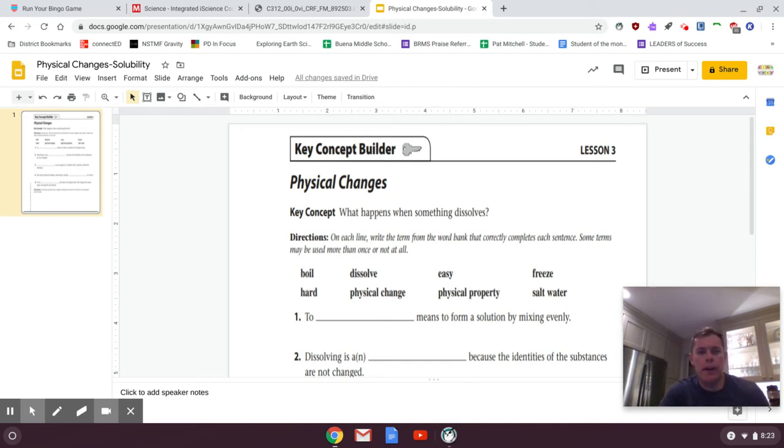Today, you're going to do a quick little demonstration on your own. I'm sure everybody in your house has salt. You probably have maybe something like this or a salt shaker. If you don't have salt, find sugar. One of the examples of physical change that you're going to look at today is something called solubility, which is really when something dissolves.